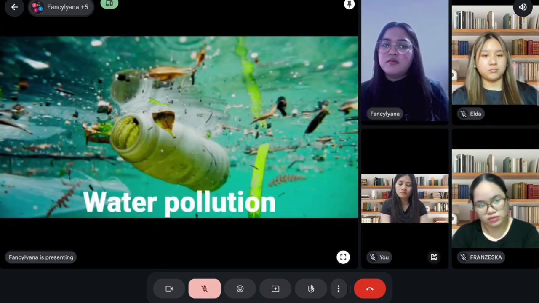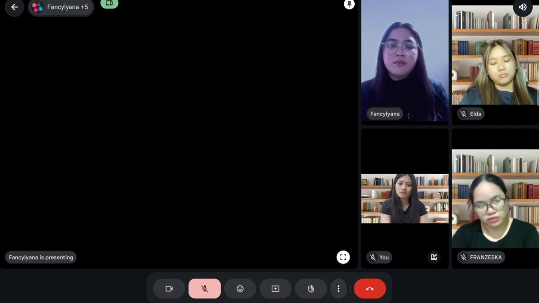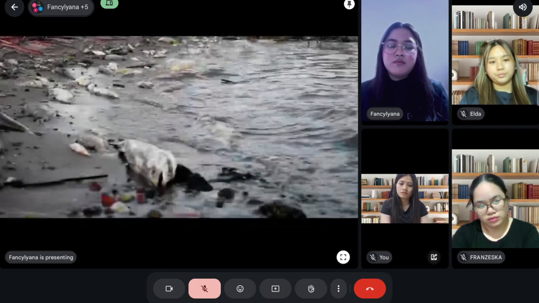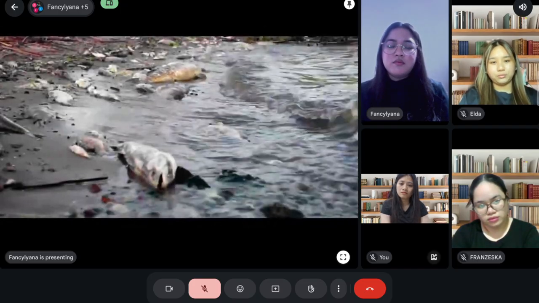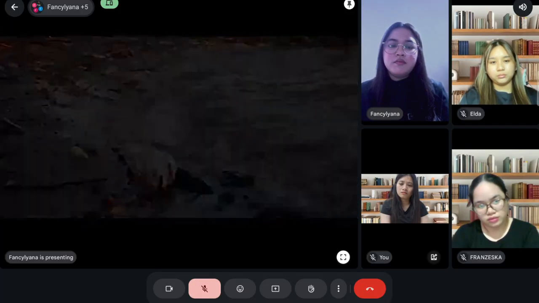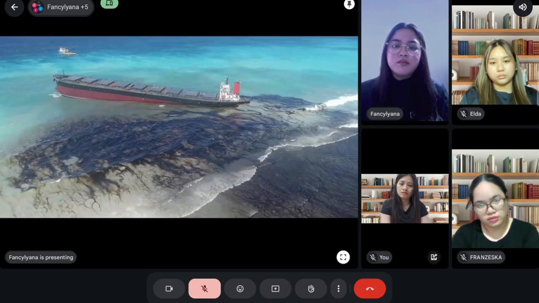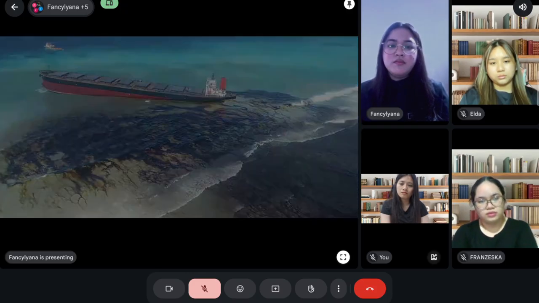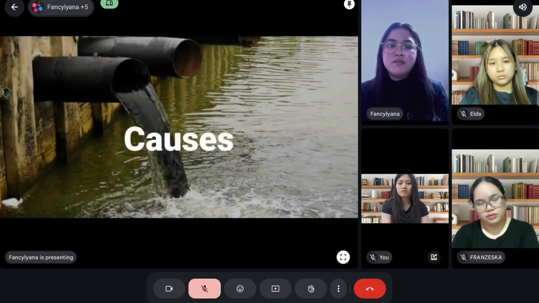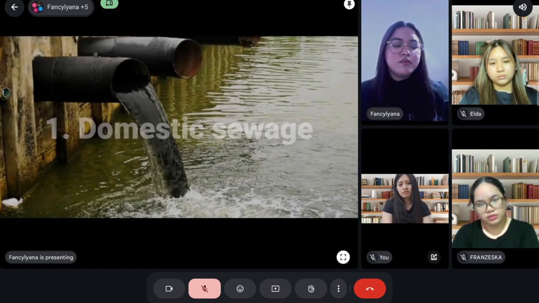Water pollution. The release of substances into subsurface groundwater or into lakes, streams, rivers, estuaries, and oceans to the point where the substances interfere with beneficial use of the water or with the natural functioning of ecosystems. Causes. 1. Domestic sewage.